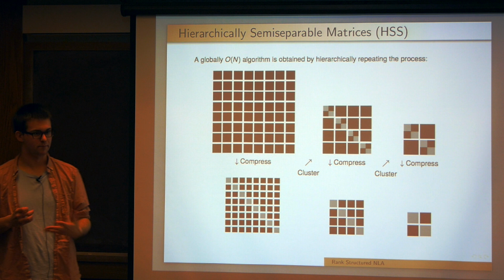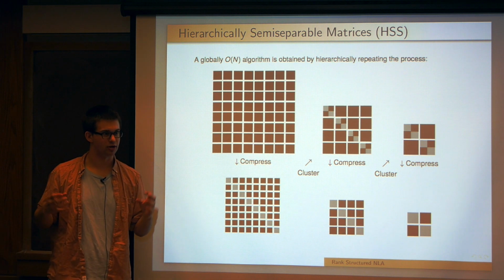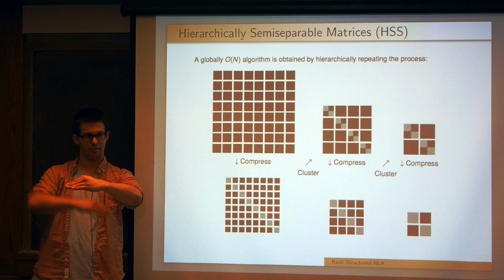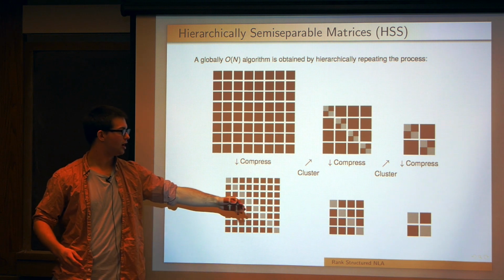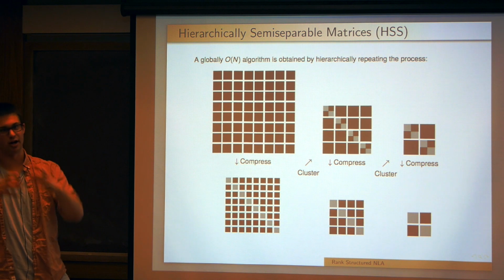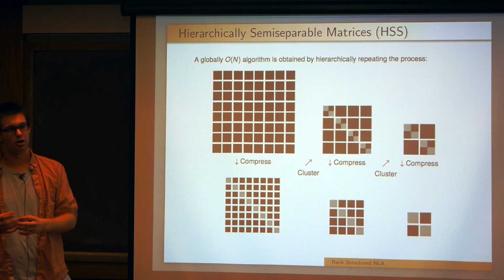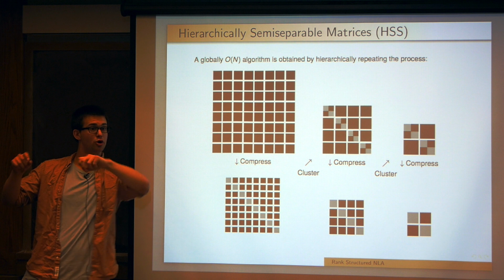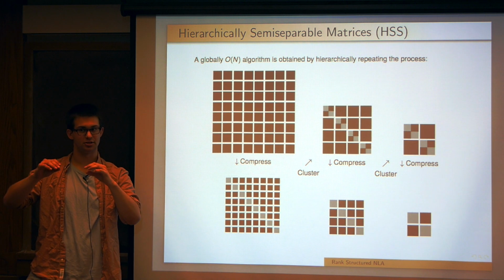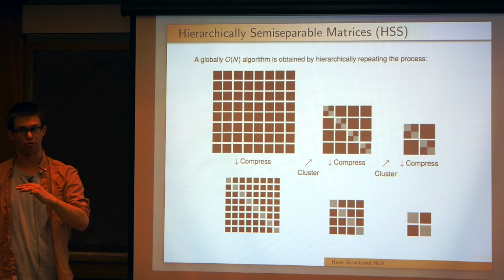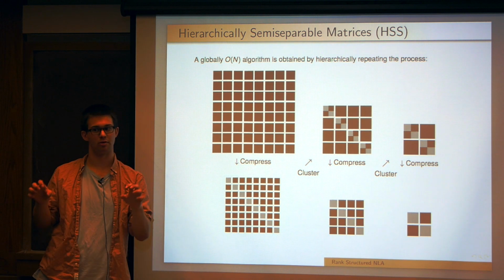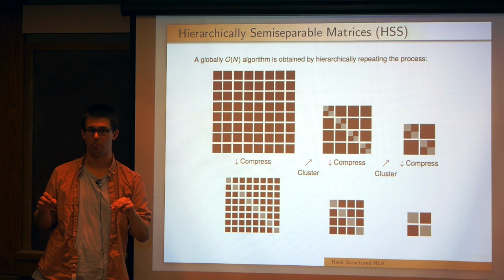By a pretty simple algorithm, you can find the basis at the second level from the basis at the lower level. You then merge again and compress, and merge and compress, until for every node in our tree you have a basis that is all written in terms of your leaf level basis and some intermediary matrices, which are very, very small.